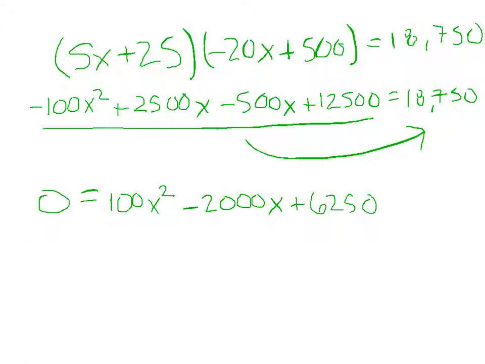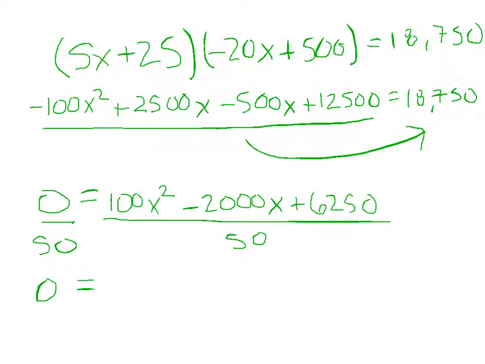To make these numbers a little bit easier to deal with, I'm going to divide both sides by 50. And I'm left with 0 equals 2x squared minus 40x plus 125.